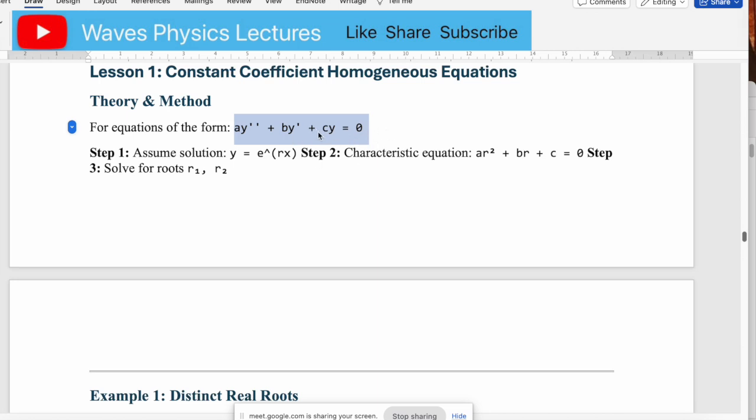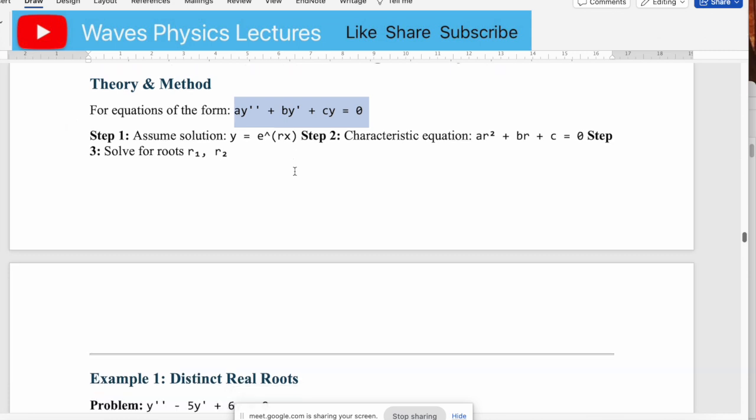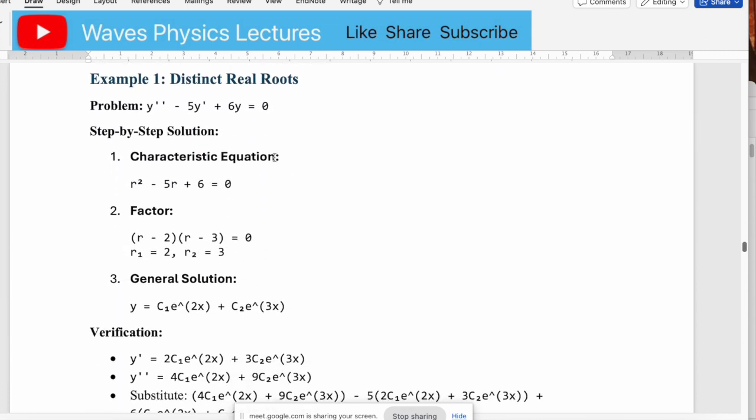For solving it, I can assume a solution, write down the characteristic equation, equate it with 0, find out the roots r1 and r2, and then just put it here. That's what we exactly do. Okay. So if I take one example, let's say I have a second order differential equation where y double dash plus 5y dash plus 6y is equal to 0, and I want to solve it.